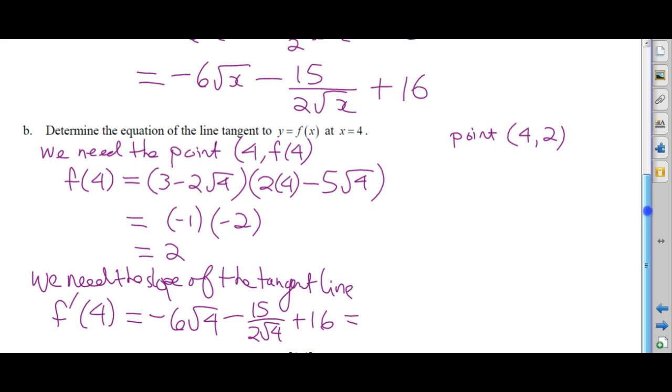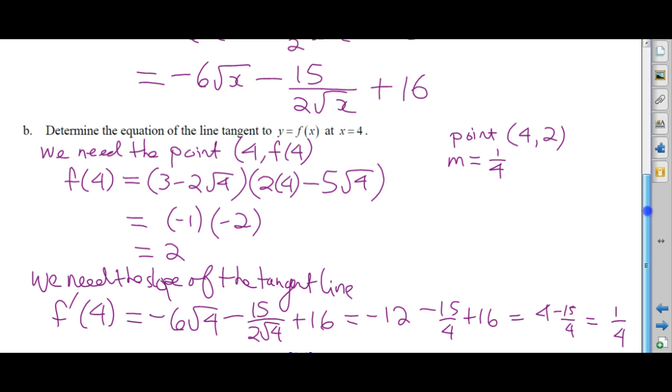Negative 12 minus 15 over 4 plus 16. Okay, so we got 4 minus 15 over 4. That's a quarter then, right? Because 4 is 16 quarters. 16 quarters minus 15 quarters, 1 quarter. So slope is 1 quarter.